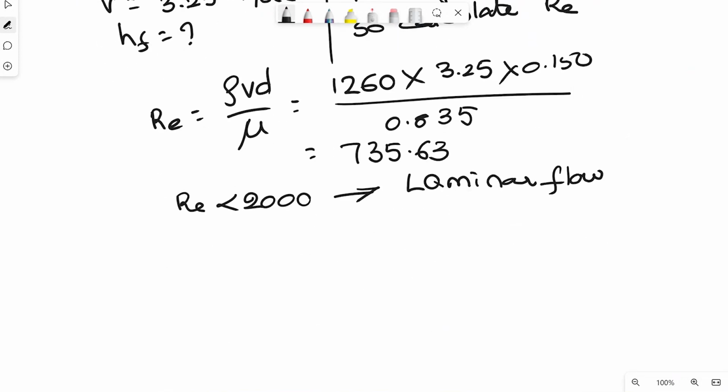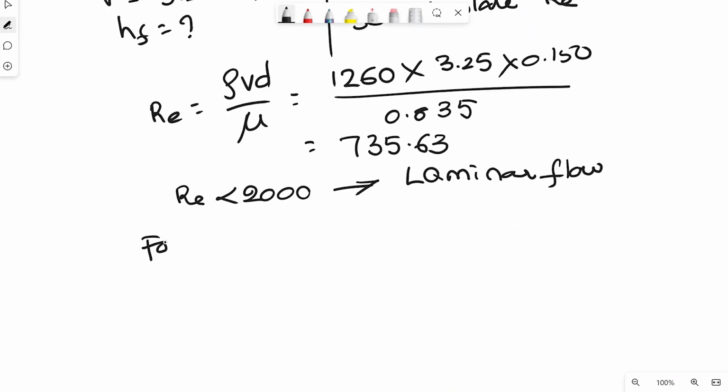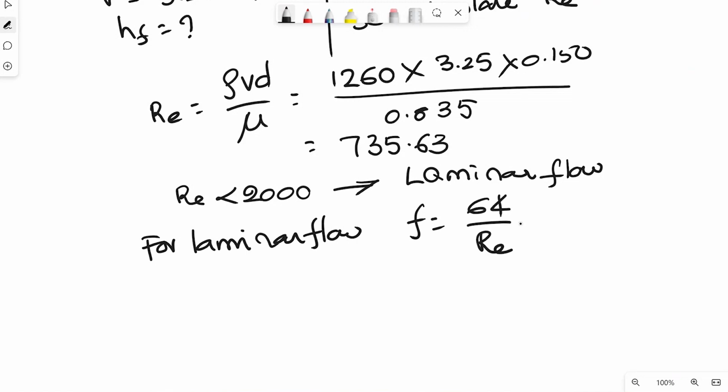So for laminar flow, f is equal to 64 divided by Reynolds number. So 64 divided by 735.63, that will be 0.087.